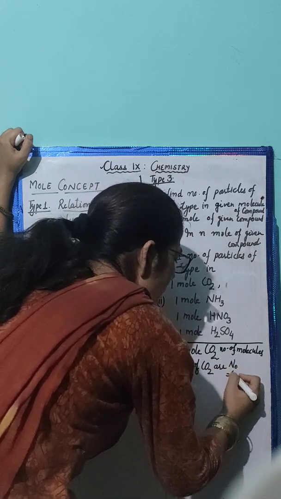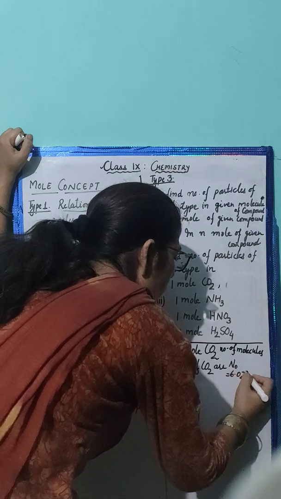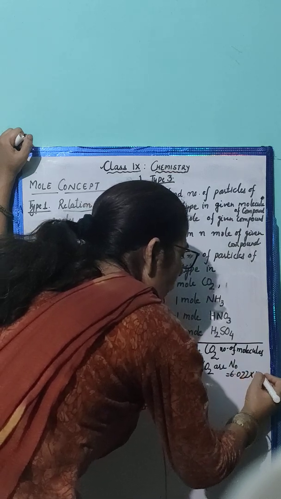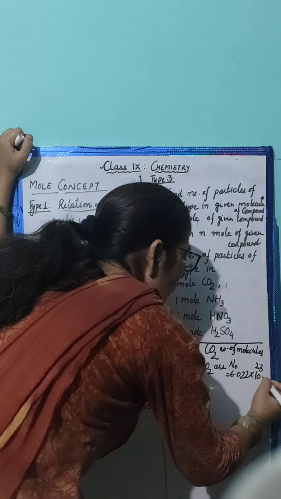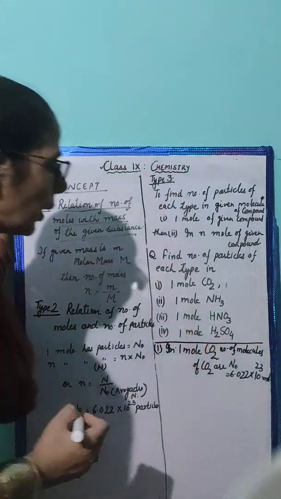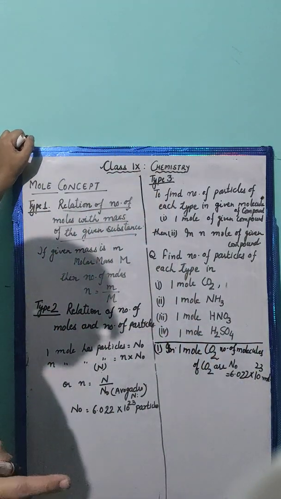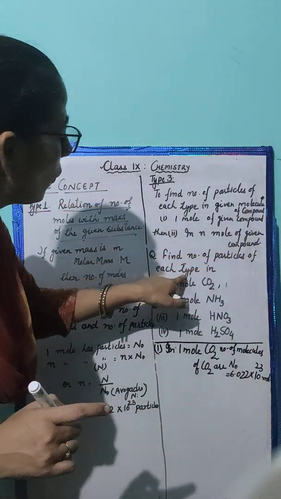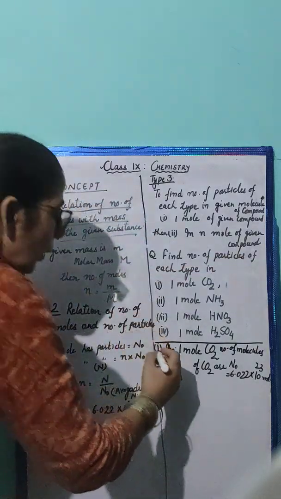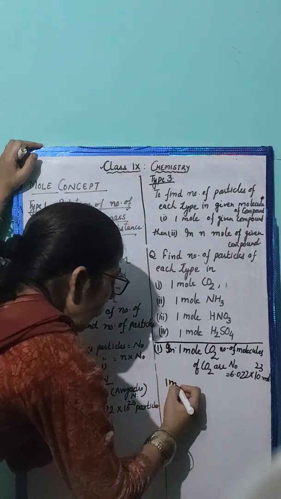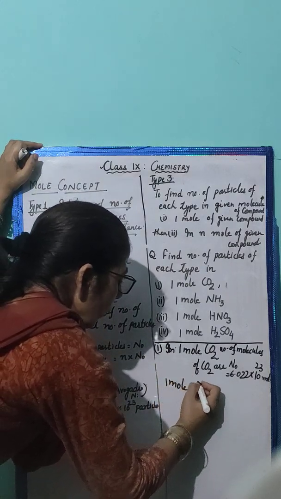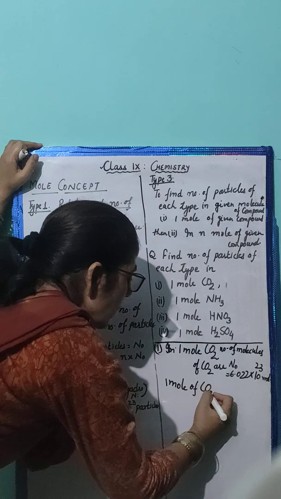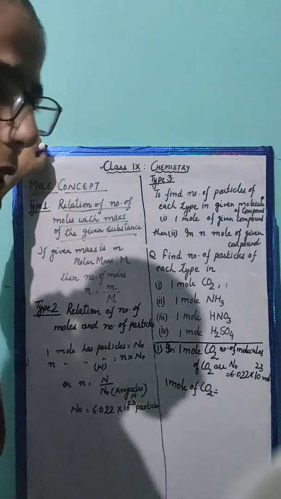N naught means 6.022 into 10 to the power 23 molecules, right? But I have to find how many are the number of particles of each type. 1 mole CO2, see very carefully. 1 mole of CO2 means, what is there?